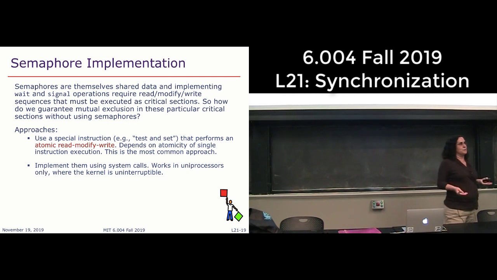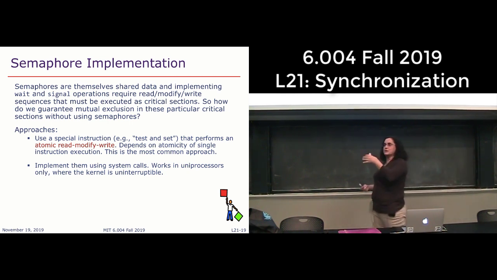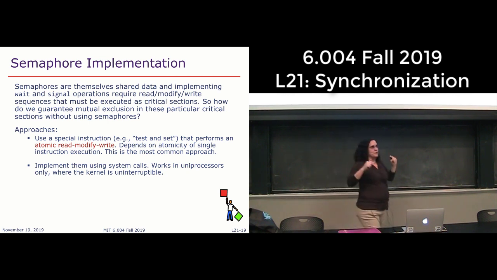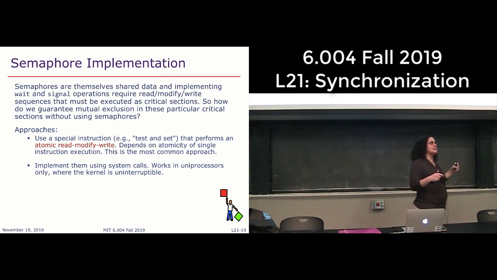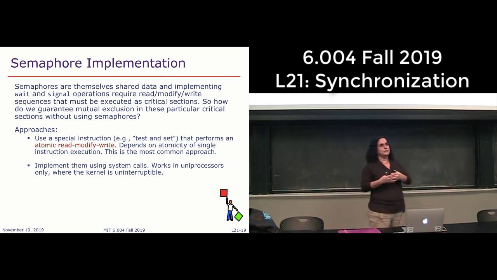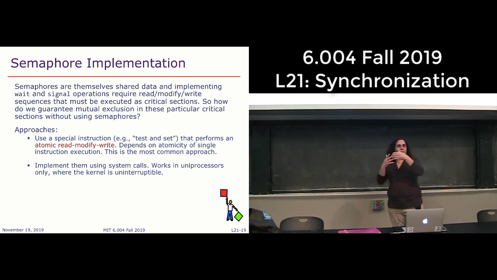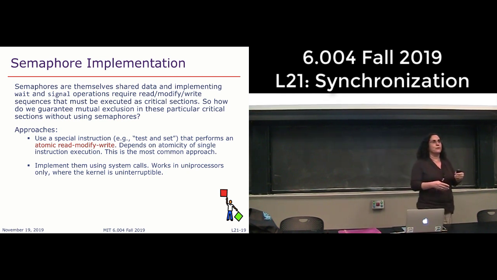The reason that it works is because remember that when you go into your kernel mode, or your supervisor mode, the one with higher priority, your kernel is uninterruptible. So if I'm implementing signal and wait as part of my kernel or supervisor mode, then I am guaranteed that I'm not going to be interrupted while that operation is being performed, right?